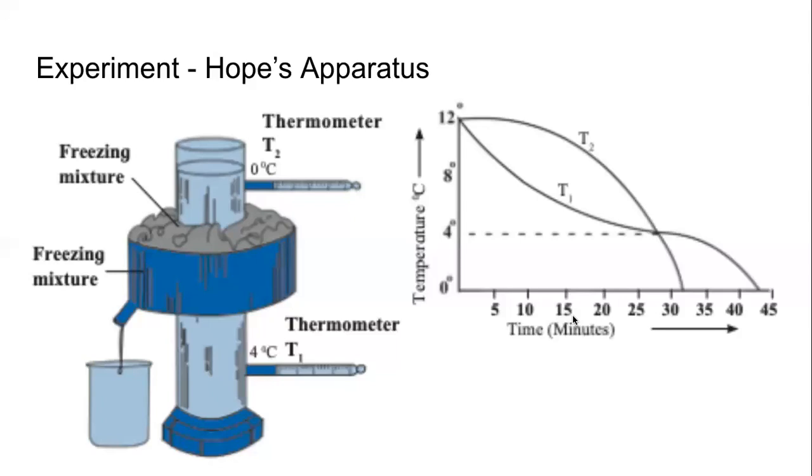So although both the thermometers will show decrease in temperature, now because more and more colder water is going up, the reduction in the temperature measured in T2 will be much faster than the reduction in the temperature that will be measured by the thermometer T1. That is why the lines intersect. And T2 becomes 0 much faster, much earlier than T1.